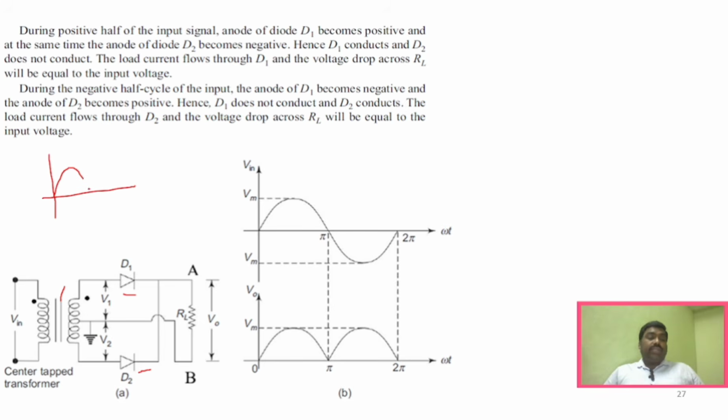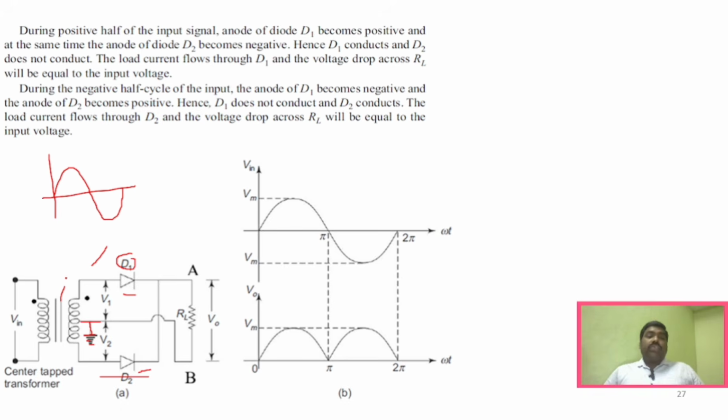right, and this center tap transformer, you know the working of center tap transformer, where both the terminals, primary and secondary, and the center tap will be grounded, so that whenever you give positive voltage, the anode of this diode will be positive when compared to this particular diode D2, right?